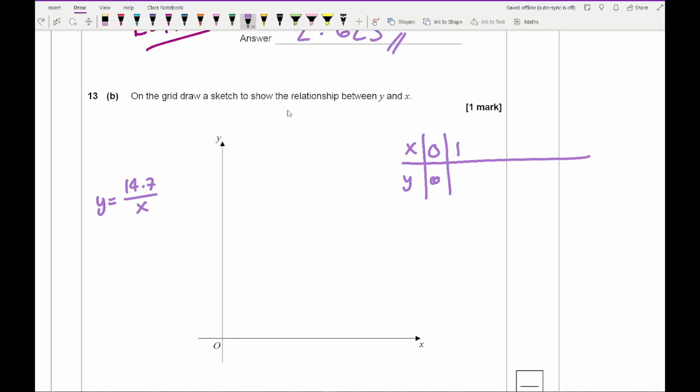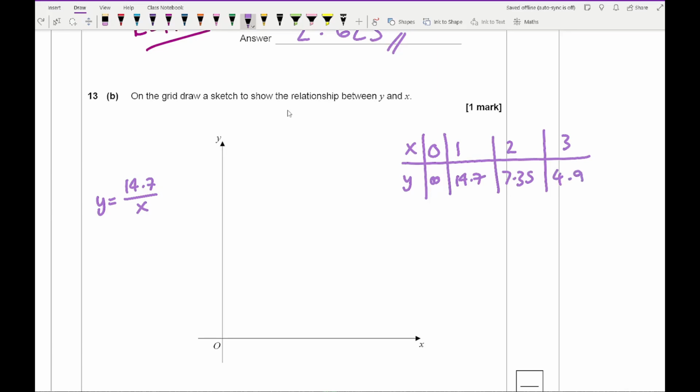At 1, it's going to be 14.7. When x is 2, it's going to be half of 14.7, which is 7.35. At 3, it's going to be 14.7 divided by 3, which is 4.9.